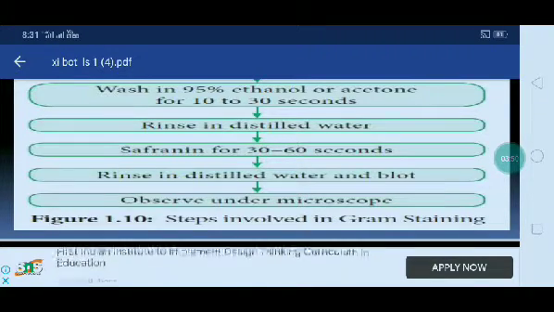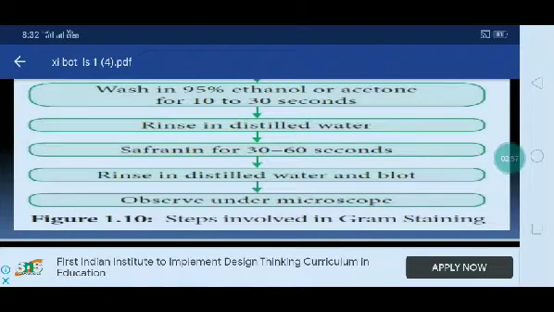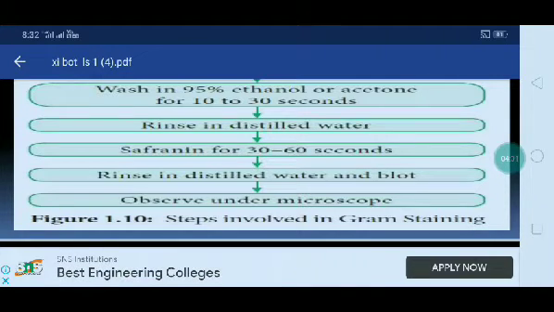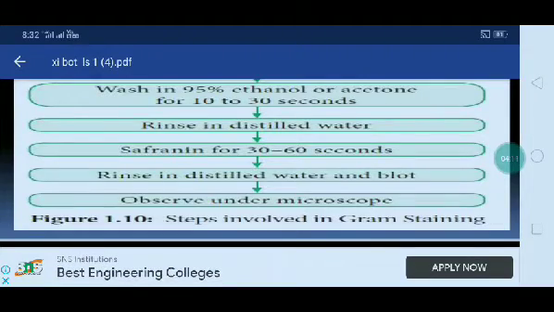Two stains, crystal violet and safranin, are applied in this staining procedure. Some bacteria take up the crystal violet and some take up the safranin solution. In this manner you differentiate which are positive bacteria and which are negative bacteria.